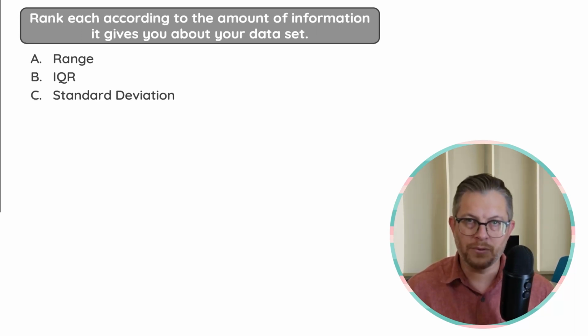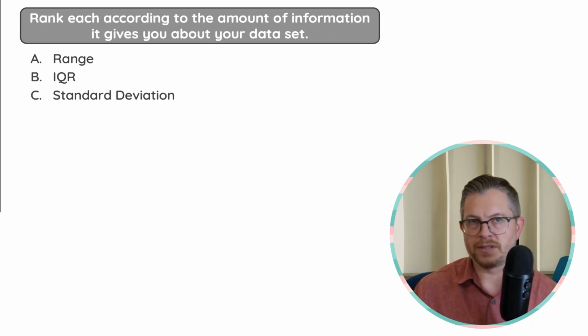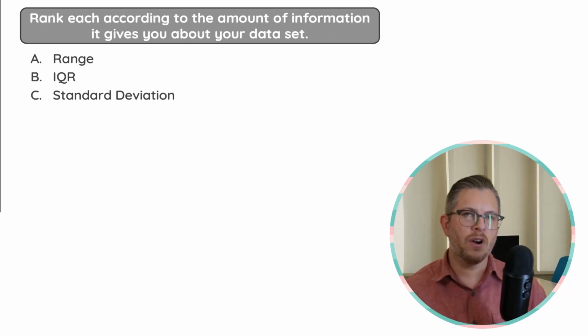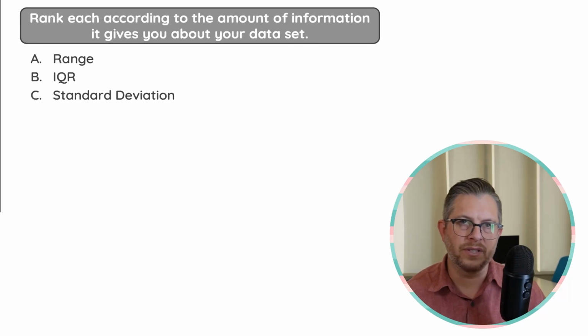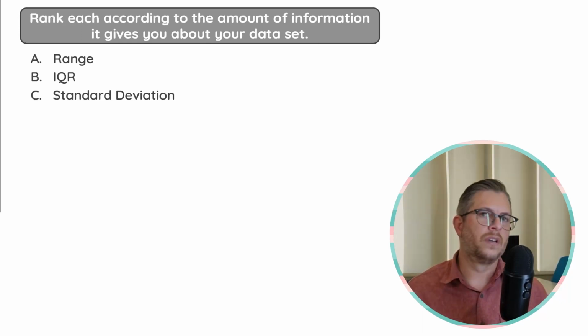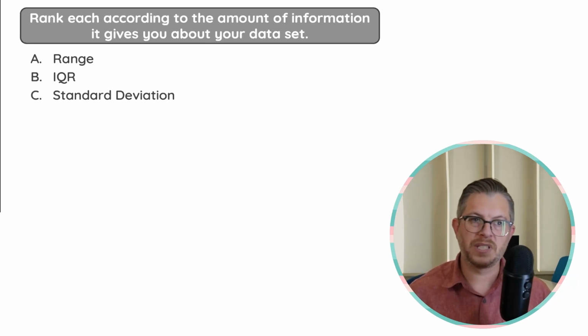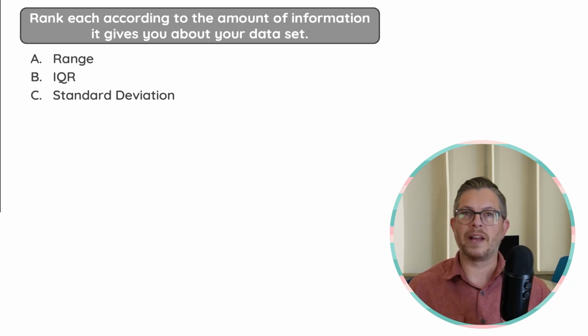Every single data point is adding into and impacting in some way our measurement. It's containing that information, just like mean does over median, whereas range or IQR only really cares about particular values, either your highest or lowest, or your 25th and 75th highest. Standard deviation calculates using every single data point. So C is going to have the most mathematical information in it.